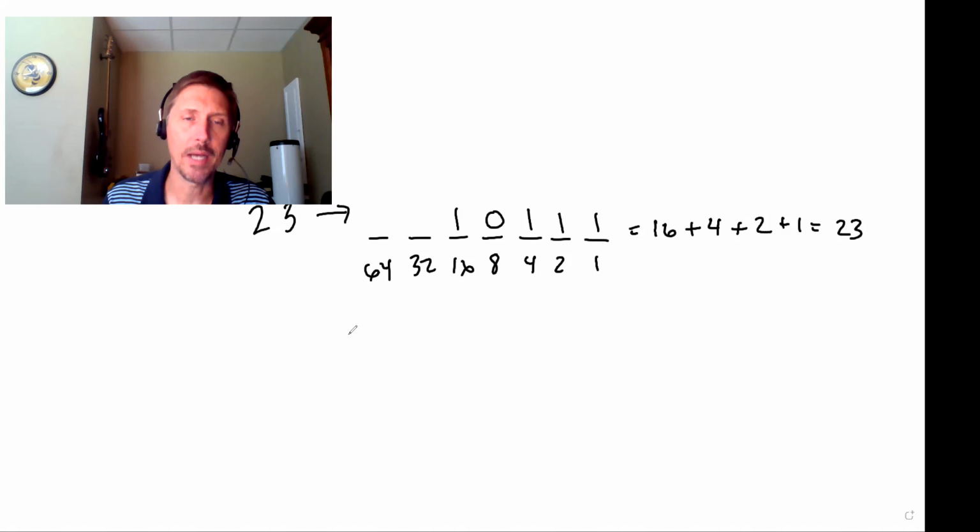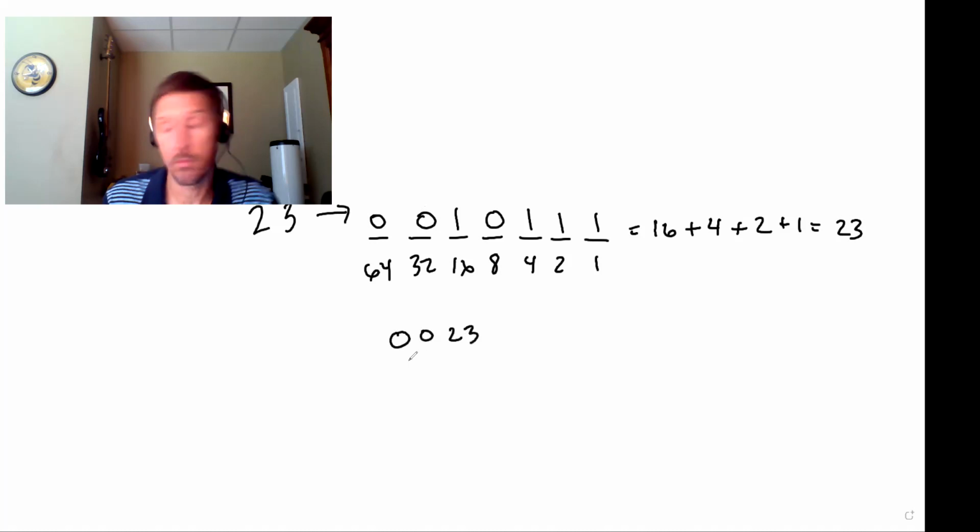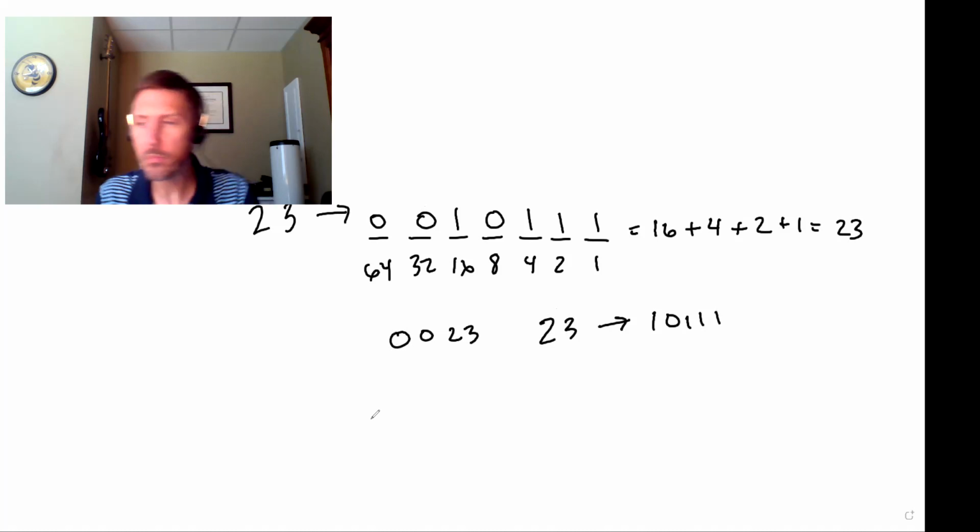So the binary form of 23, we could have put zeros here to pad it. But just like with our decimal numbers, we don't usually write 23 as 0023. It's still the same number, but we don't usually pad it with those zeros on the front. And so 23 converted to binary, the answer would be 10111. Okay.